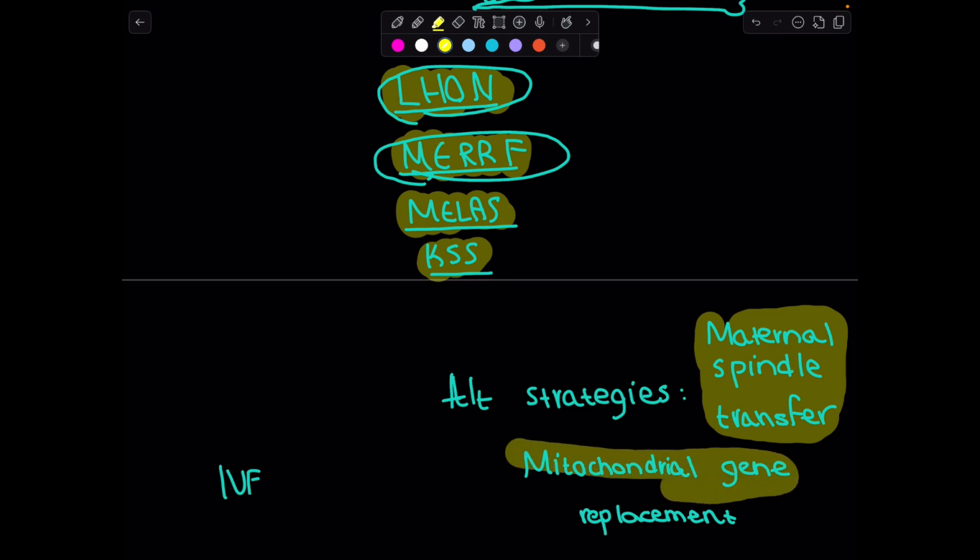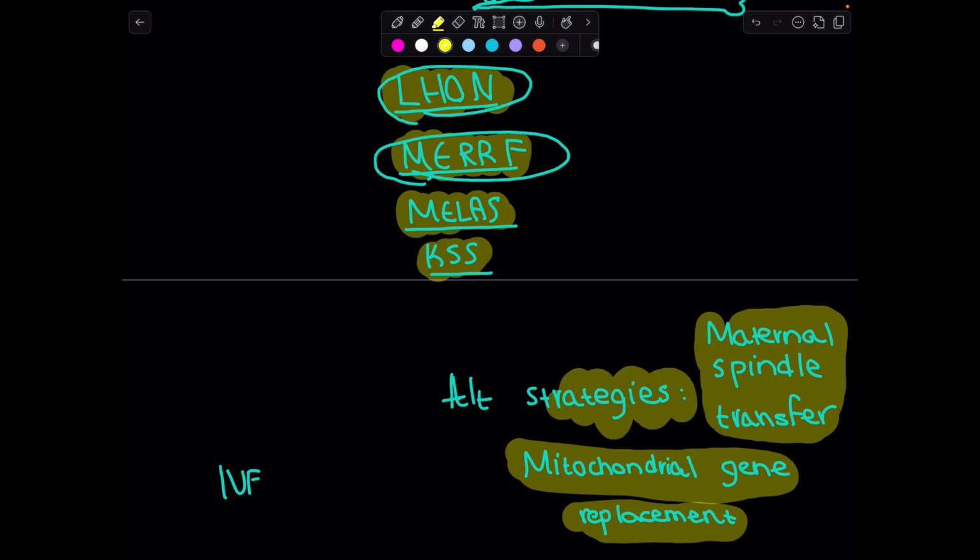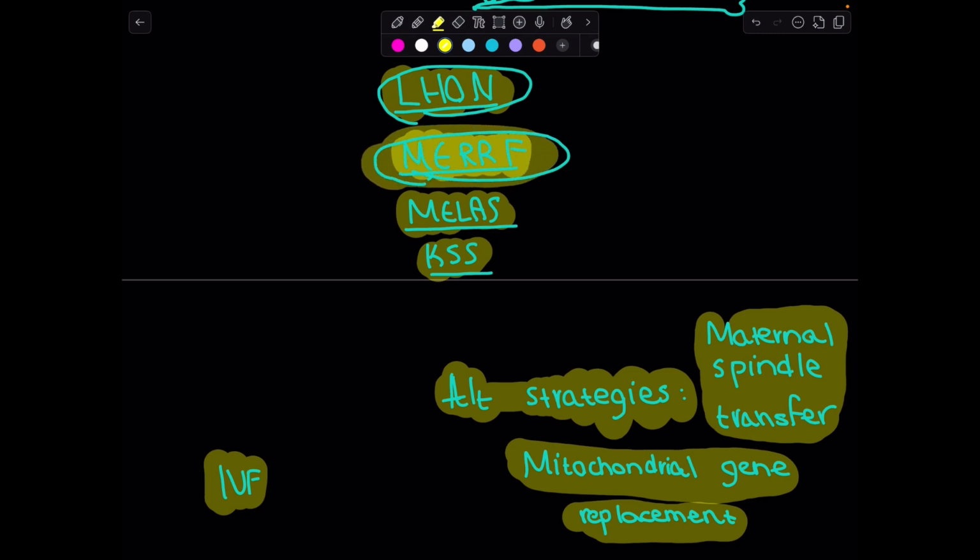CoQ10 enhances electron transport chain ETC efficiency, boosting ATP production in disorders like MELAS or KSS. Riboflavin aids ETC enzyme activity, helping in MERRF, while L-carnitine supports fatty acid transport for energy. These don't cure, but may reduce symptoms like muscle weakness. Evidence is mixed, with benefits varying by patient and mutation.